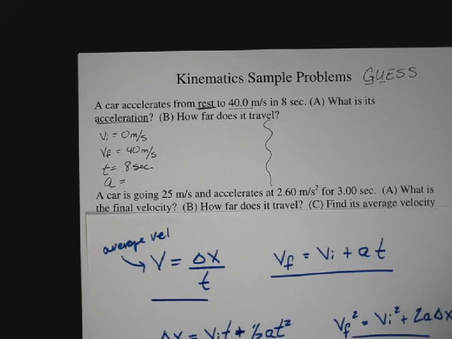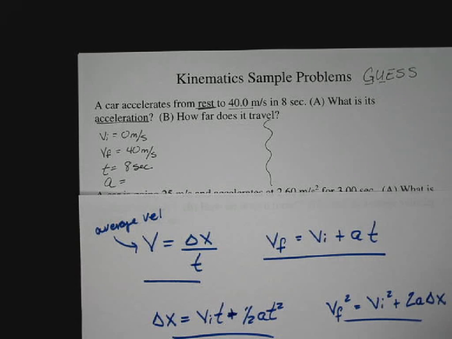So I have a VI, I have a VF, I have a T, and I'm looking for A. So it seems to me like I'm going to choose this one. VF, VI, T, and there's the A I'm looking for. So that's the equation I want, but I have to rearrange it to say A equals whatever else is in the equation. And you've had practice with that with the literal equations. That's why I had you do it.